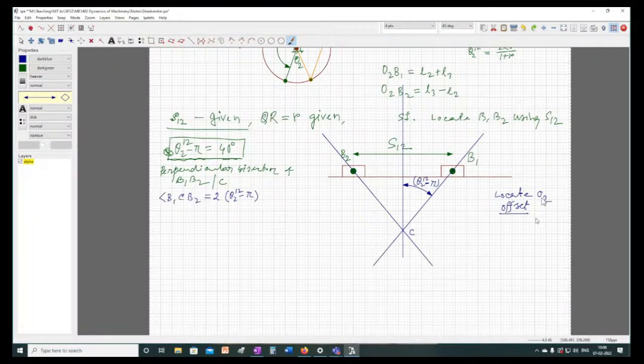Another piece of information we have here is the offset. Either you can choose the offset or it is given. So suppose the offset is given, and the offset distance is, let's say, from this point to here.